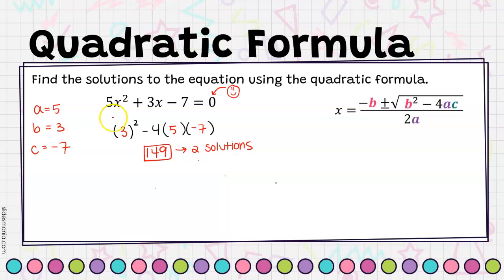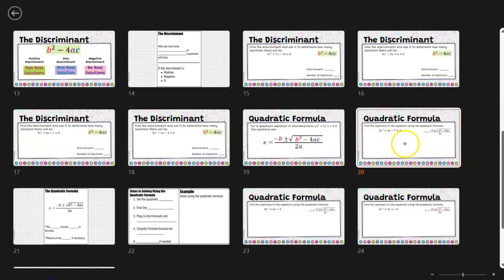We're going to continue our method of finding the actual solutions by continuing forward with this quadratic formula. We already know what this is. We are going to have to fill in the opposite of b, and we're going to have to fill in our a value.